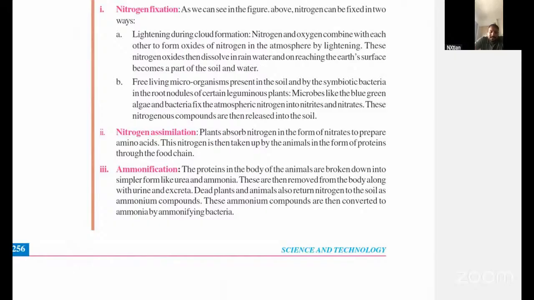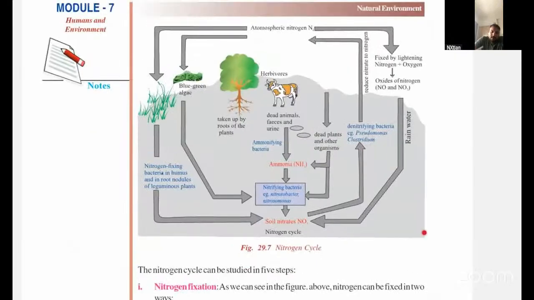So you can see the diagram also. This is ammonifying bacteria, and it acts on feces or urine or dead animals. The nitrogen, the ammonia which is present, they are converting it into soil nitrates consumable by plants. Nitrifying bacteria, these names are very important, guys. Please pay attention.